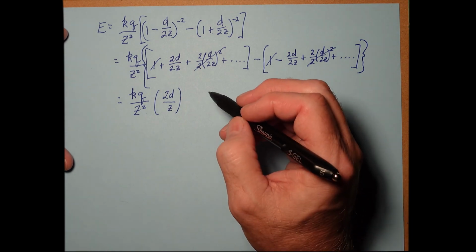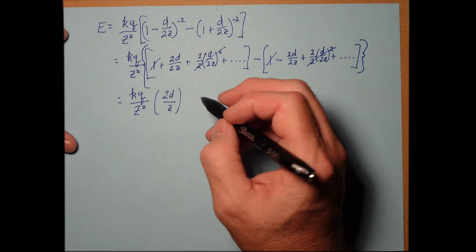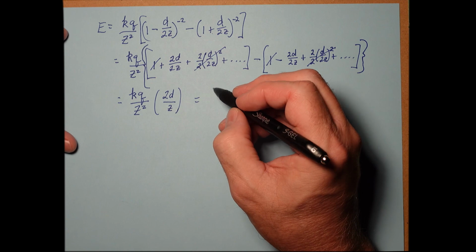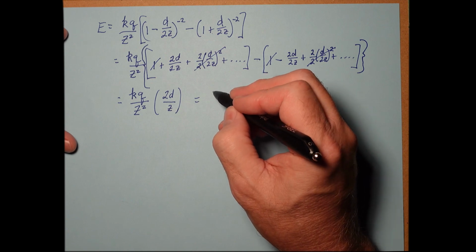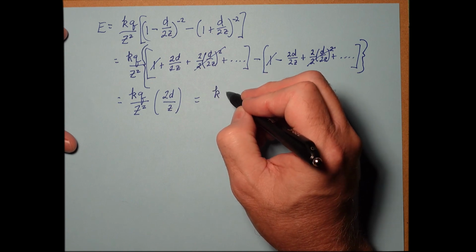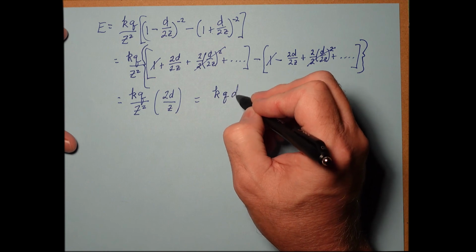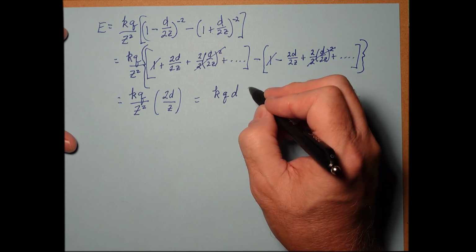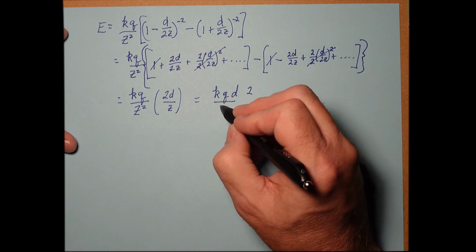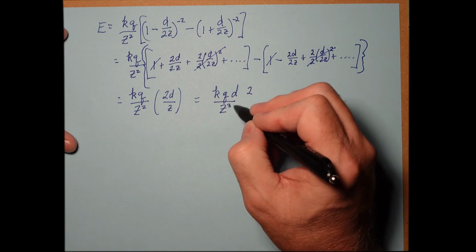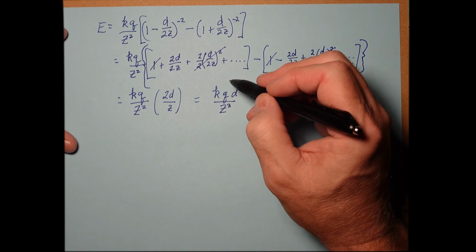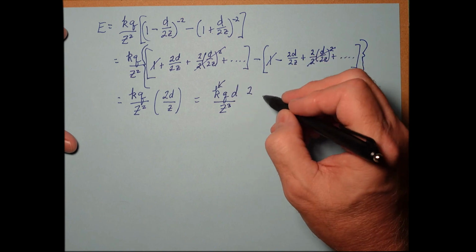All right, at this stage, I just want to rearrange the terms here. I've got K, Q, D. Let's put the 2 over Z cubed out here. Now I want to take this K. Remember what K originally is.